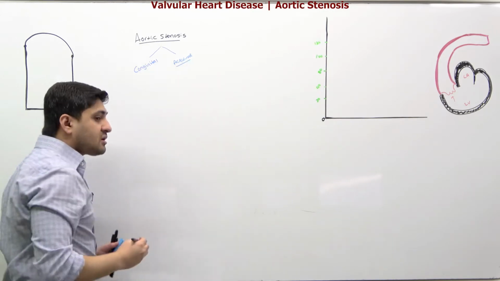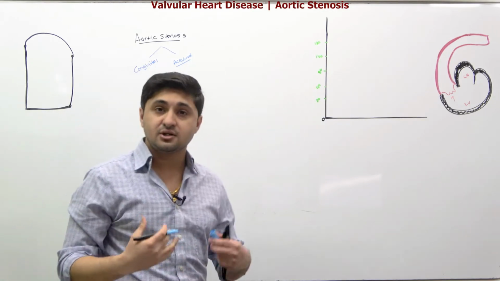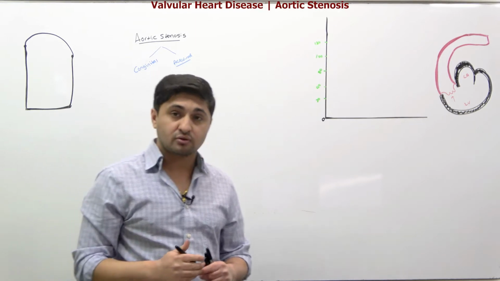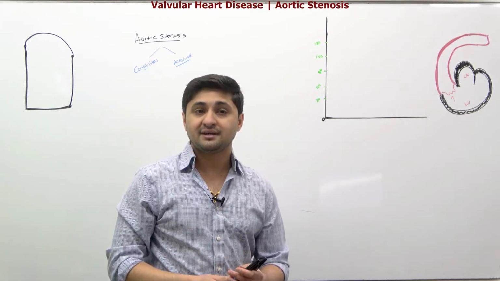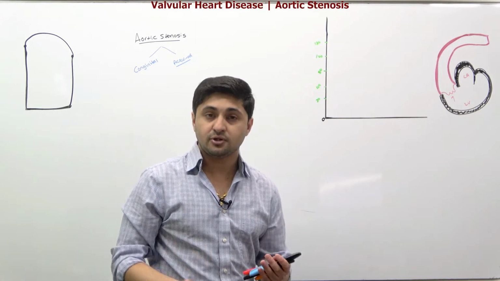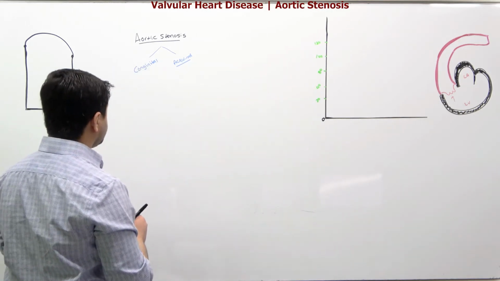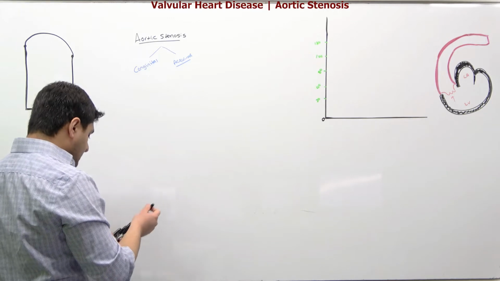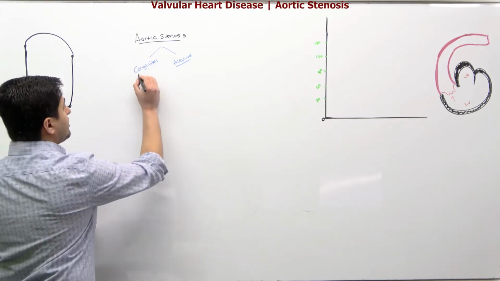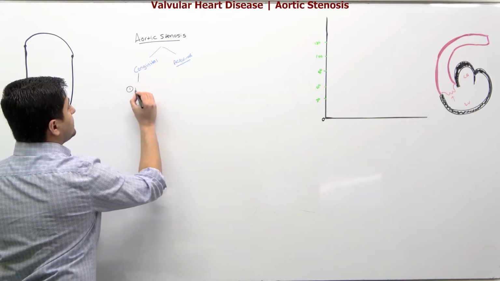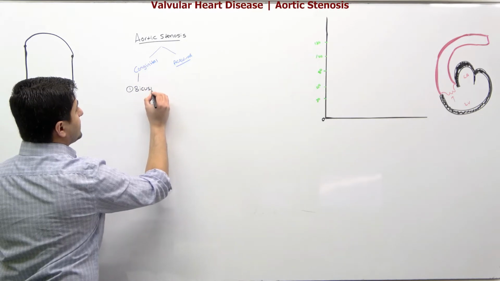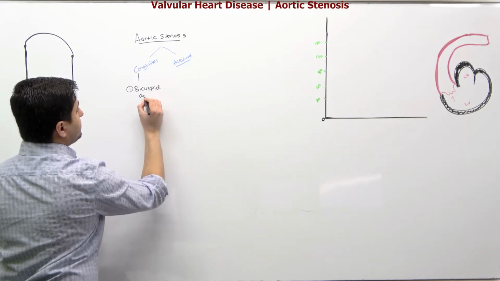And this is one of the most common valvular heart diseases that you see. When you're doing your internal medicine rotations, or specifically your cardiology rotation, you'll see it. Congenital heart disease could be caused by a couple of reasons. One is bicuspid aortic valve.